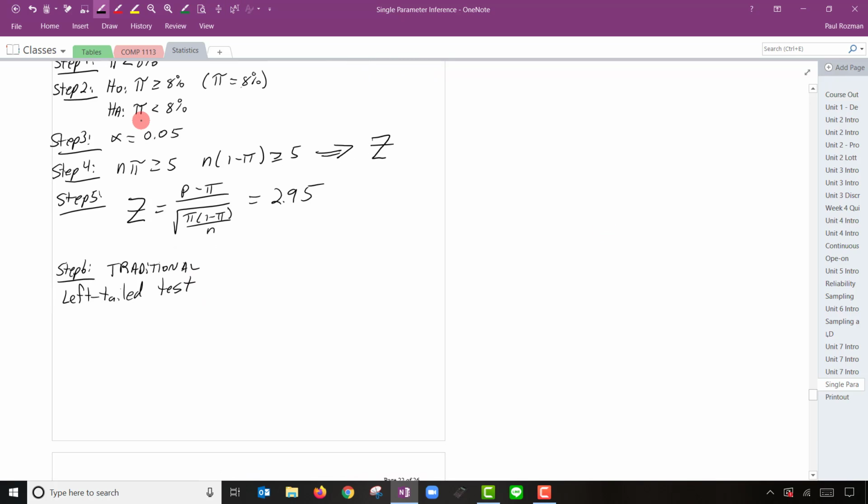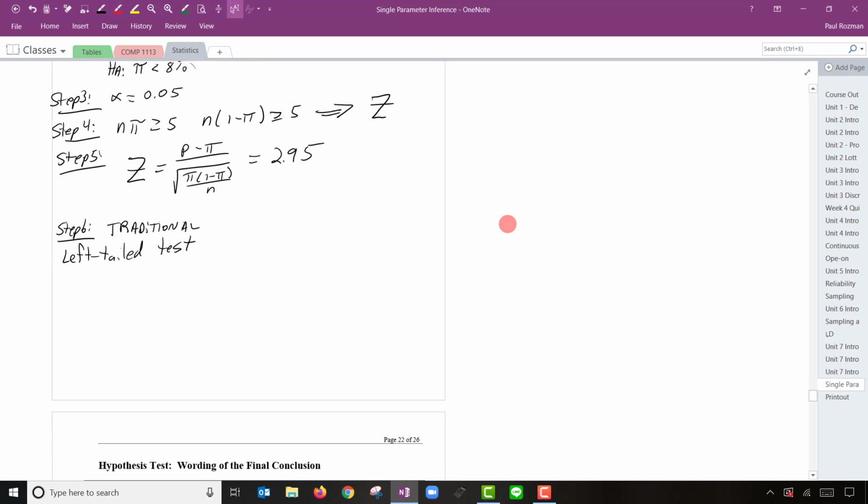If you need a way to remember it, look at the alternate hypothesis. HA points the way. The arrow, the inequality, is pointing to the left. Basically, what would make you support HA? Things on the left. So when we do our critical value, we'll only have one. This is new.